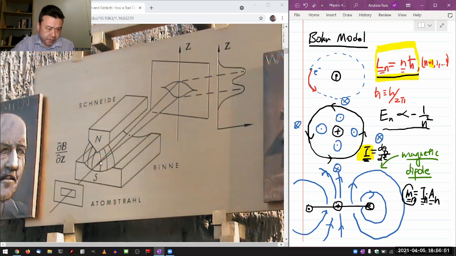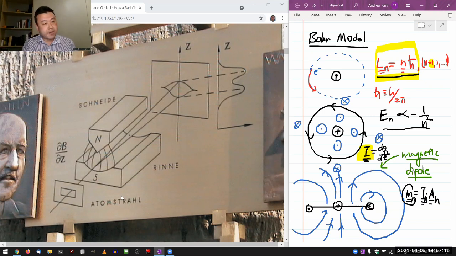And this apparatus uses an inhomogeneous magnetic field to apply force on the dipole. The way the magnetic field is set up, if the magnetic dipole is aligned one way, it would feel a force one way, and if it is aligned the other way, it would feel the force the other way.